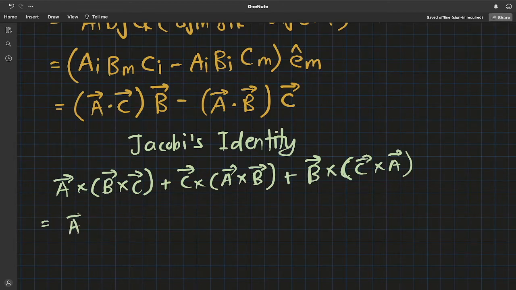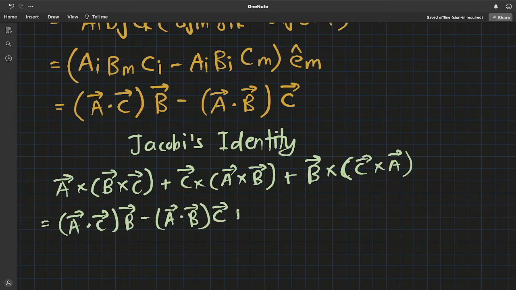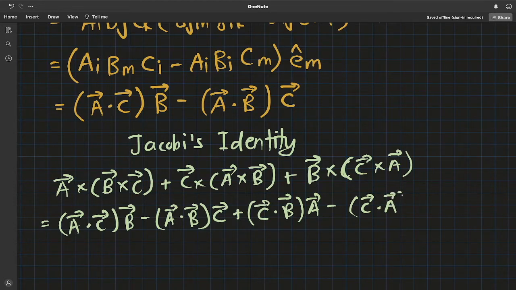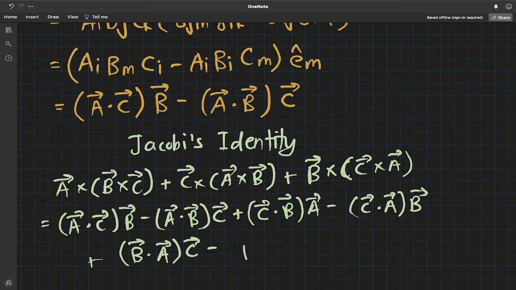So for the first guy, you'll have two terms, a dot c b minus a dot b c plus c dot b a minus c dot a b plus b dot a c minus b dot c a.